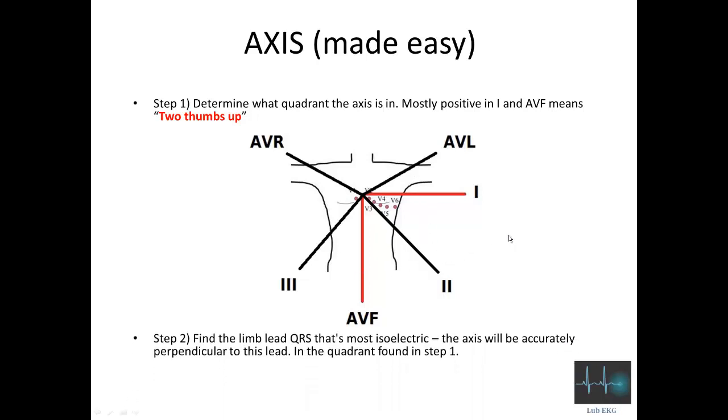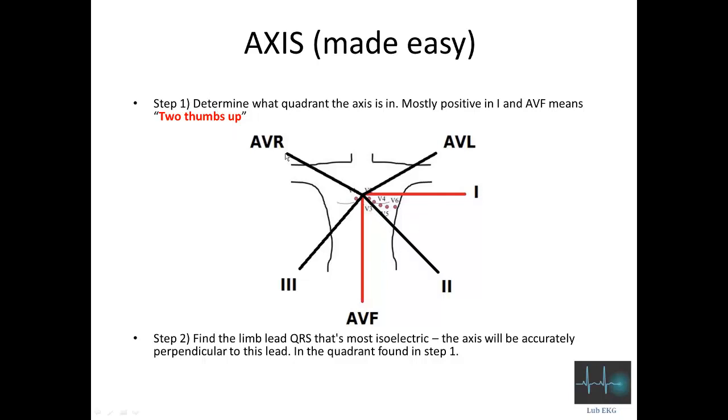Now, the second step, it's not necessarily required, but it is nice, and your attending doctor will probably appreciate it, is that you can find an isoelectric QRS, like say lead 3 on a strip was isoelectric. This means that the cardiac axis would be 90 degrees to this.